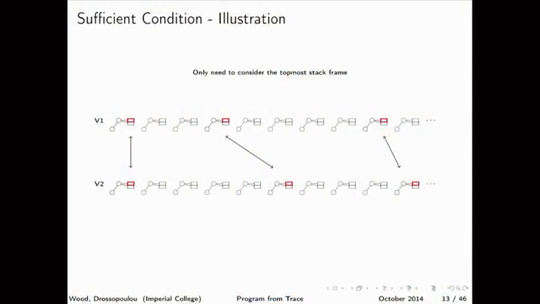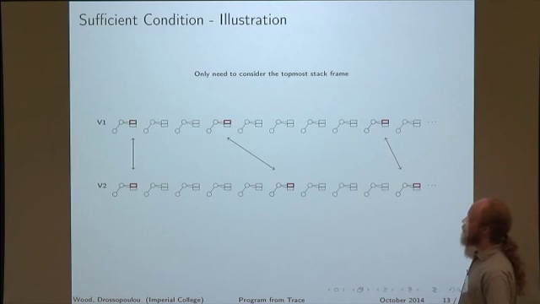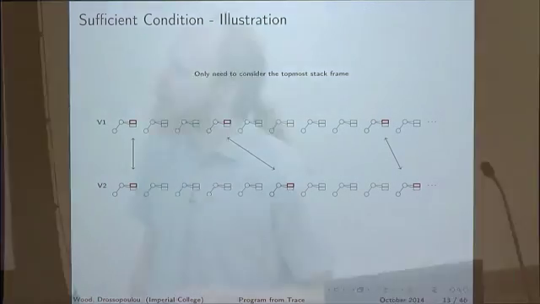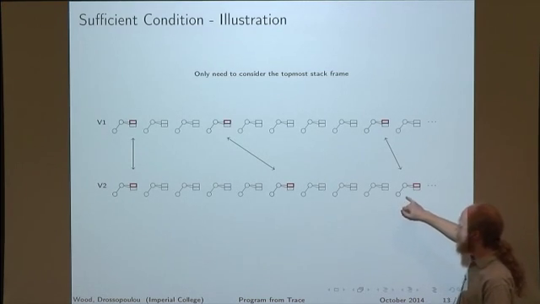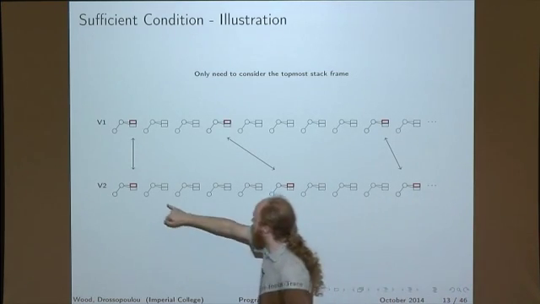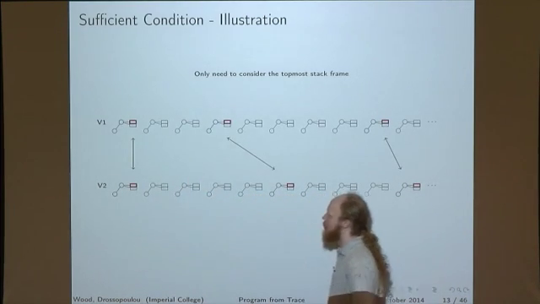And actually, we only need to consider the topmost stack frame of each of those states, which will have the method parameters or the return value in it. I guess the nice thing is that this sort of abstracts the difference in the number of execution steps which can occur in the affected part.